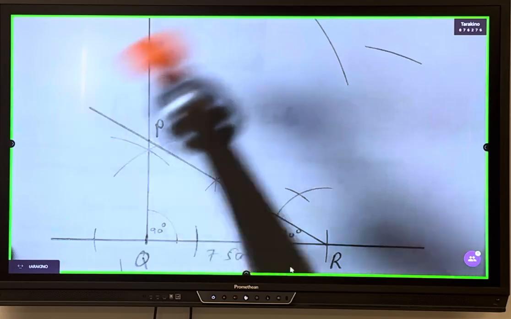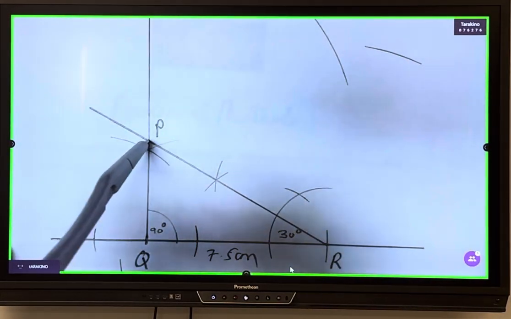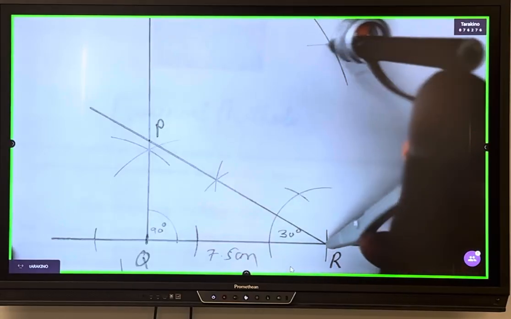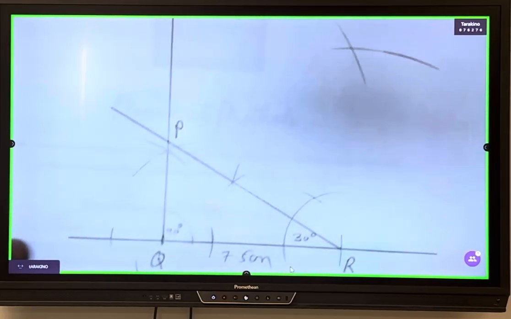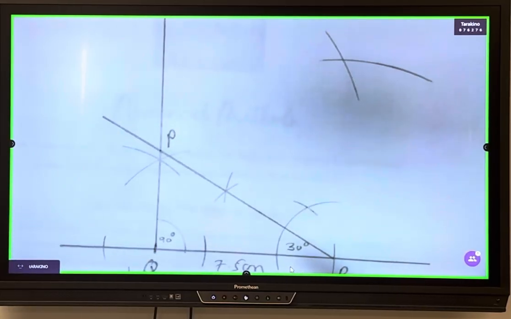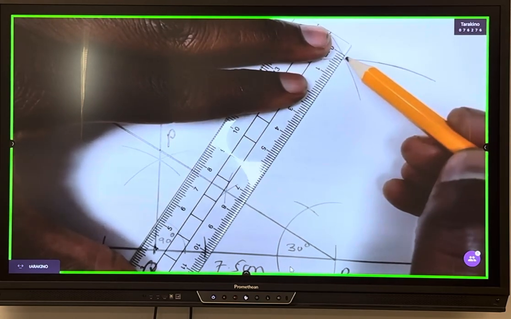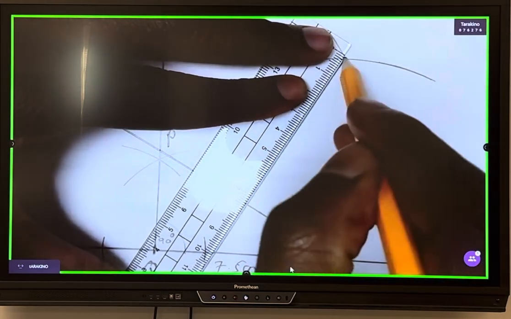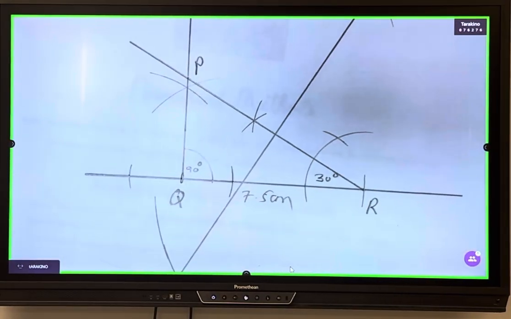Using the same radius, you go on P, draw your first arc, and you intersect it here, and you also intersect it at the bottom. So I have this arc and that arc, so I can draw. I will go ahead and draw this line here. There we go. Now I've constructed the locus of points equidistant from P and R.